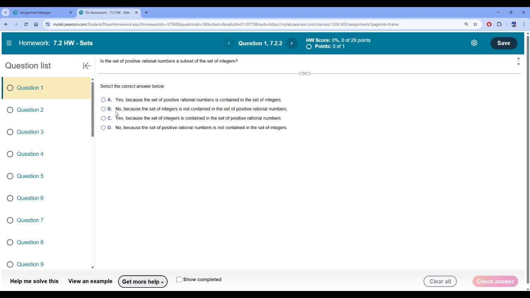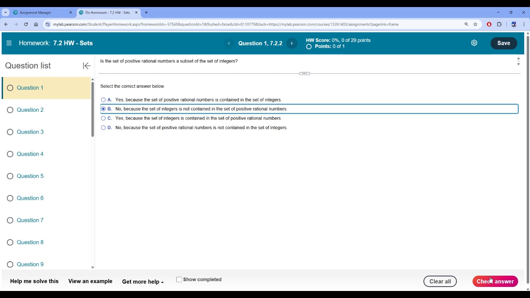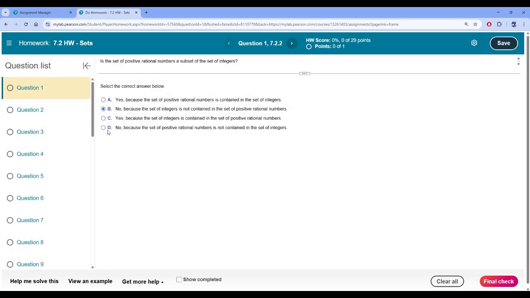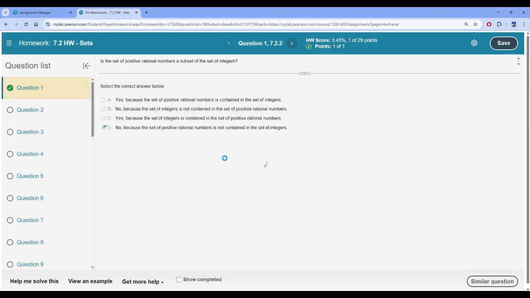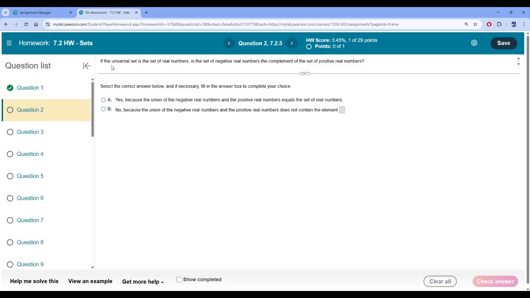I think it's actually the other way around. No, because the set of positive rational numbers is not contained in the set of integers. That's what it is. There you go.